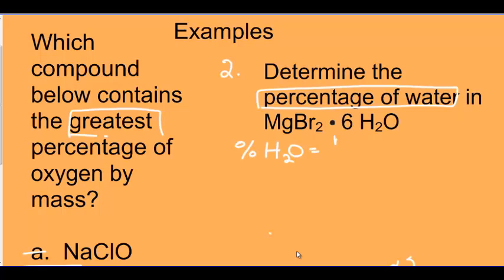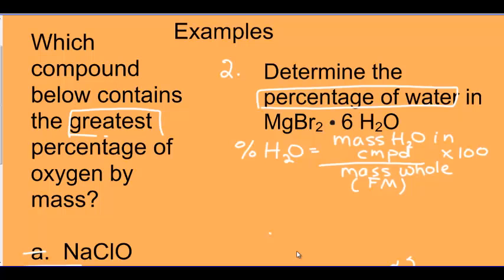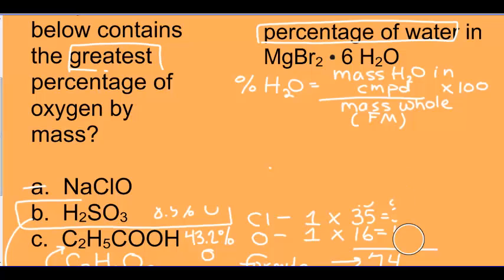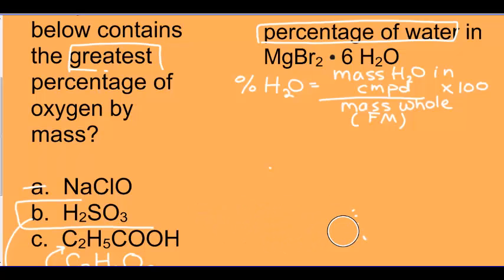That will be equal to the mass of water in the compound divided by the mass of the whole compound. Since I have the formula, that's the formula mass times 100. So we have to find the formula mass of this crazy hydrate, just like our lab.